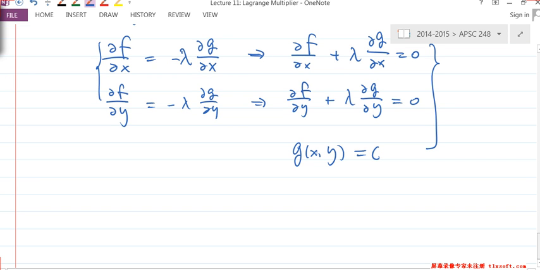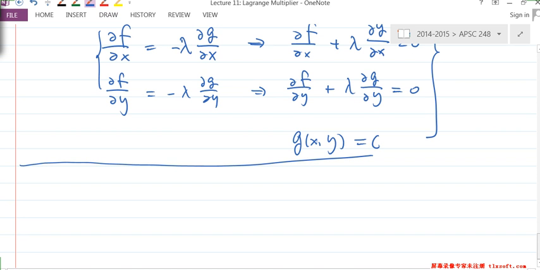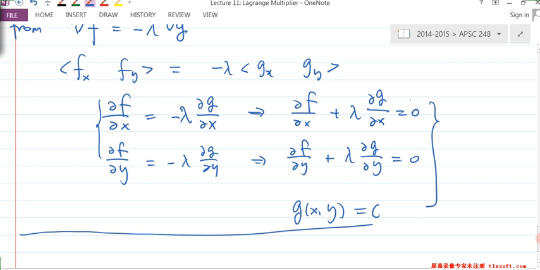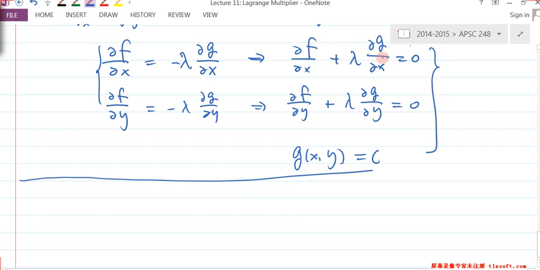Better yet, particularly if you are going to take further courses in control systems or engineering optimization problems, you'll encounter the next formula quite a lot. One of the guys, Lagrange, coming from the Lagrange multiplier, said let's combine the three equations together.